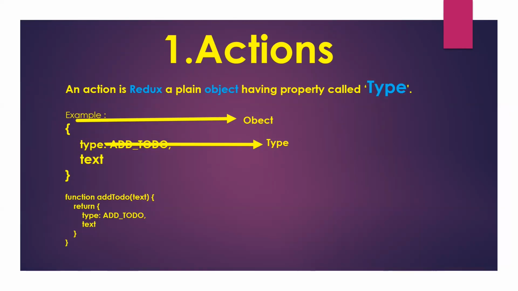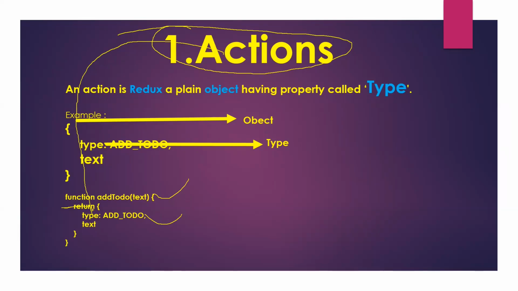So for example, let's see this function. Here it will return the type. That means when we say, okay, perform the action, when we say do something, then we have to tell here what type of work you want to do. So we have to specify here the type of work to do the action.